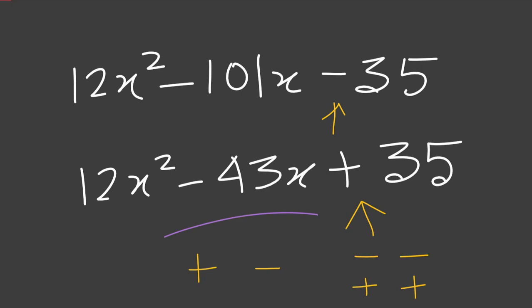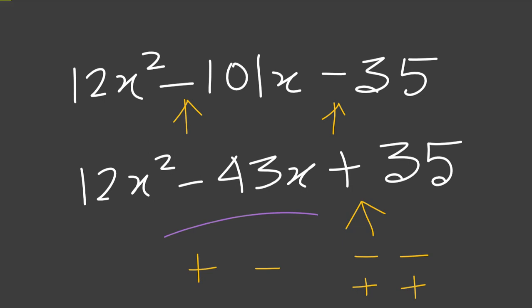For example, as I told you, x square minus x minus 6, I could directly tell you the signs of the roots. Now you could ask me why I assigned minus to 3 and not to 2. Because in x square minus x minus 6, the middle term had the negative sign, hence the numerically bigger number will have the sign of the middle term. So if you notice here, you have minus 101.